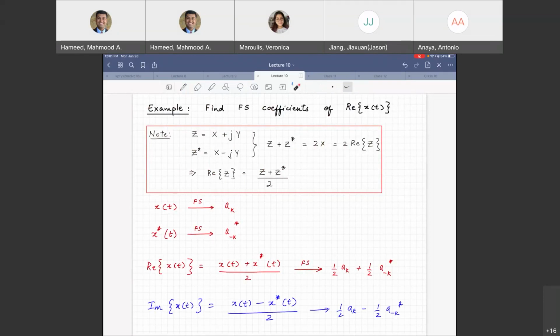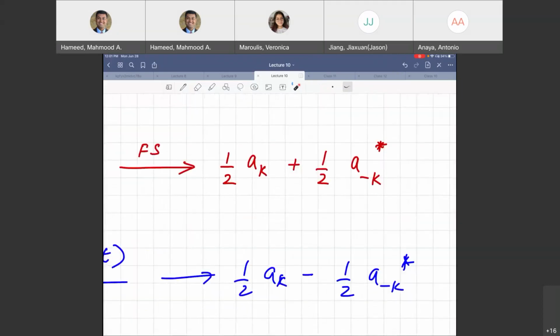If x of t is real, what happens to the Fourier series coefficients? This will equal this if x of t is real, which means the Fourier series coefficients of the imaginary part of x of t will go to 0. Of course, x of t is real, so no imaginary component.